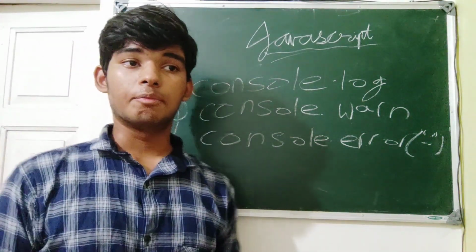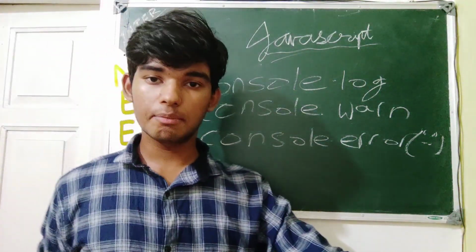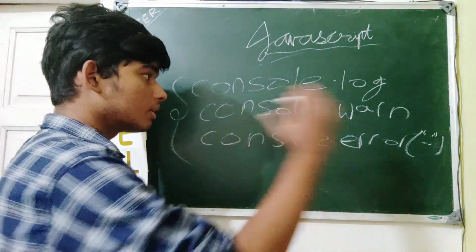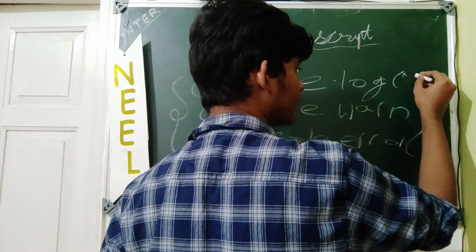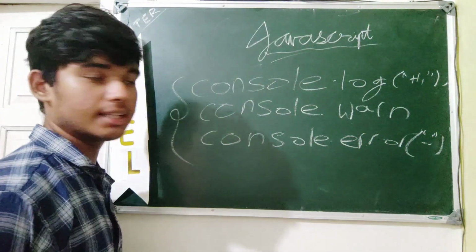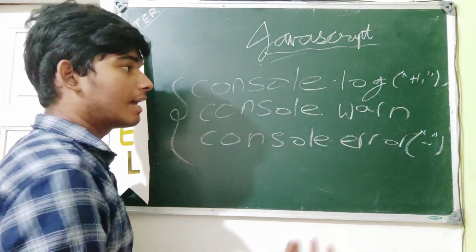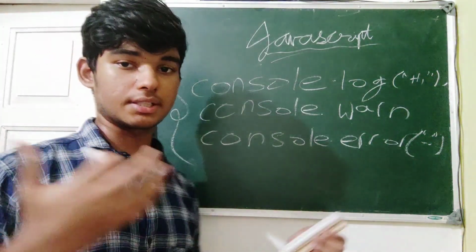A normal viewer won't see any of this, but the programmer who's working on the website will. So console.log is used to write just text, so you can write some text inside the brackets and you will get to see that. And console.warn is when this yellow warning appears, and console.error basically showcases an error.